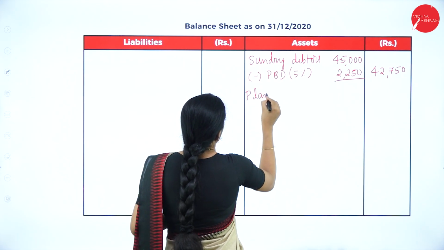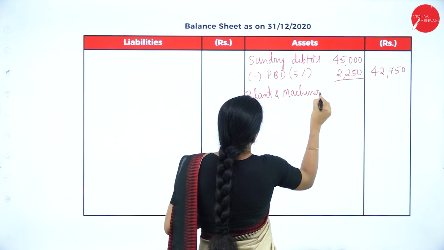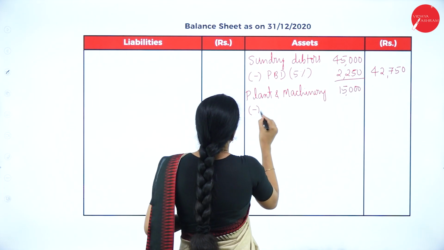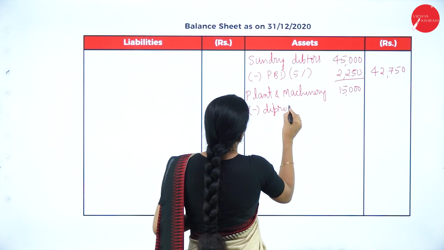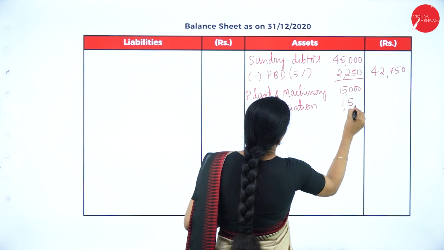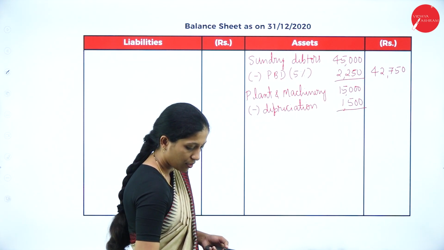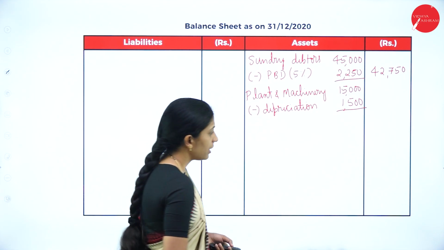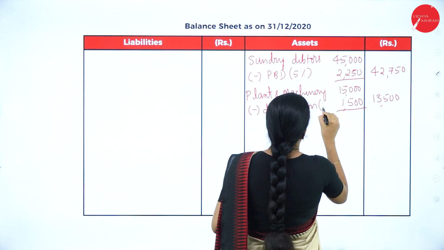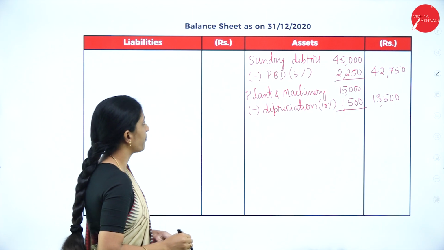Plant and machinery, that is 15,000 minus depreciation 1,500, so this will be 13,500, where we got 10% depreciation after deducting 10% depreciation.